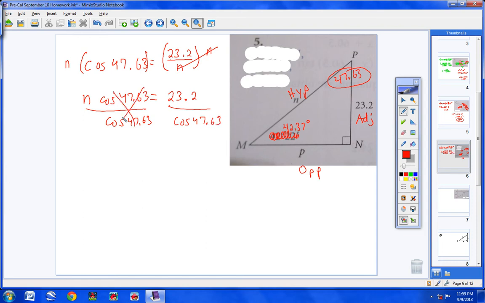Of course, these cancel, and you're left with n equals 23.2 divided by cosine of 47.63. You can type this in just like it is, students. Just type in 23.2, then hit divide, then hit cosine 47.63. And if you type that in correctly, for the letter n, you will get 34.4.